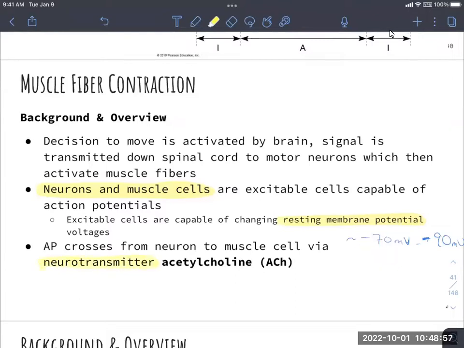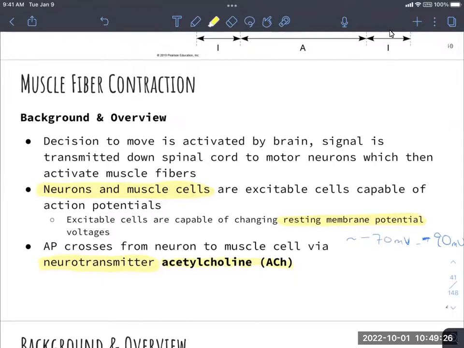These neurotransmitters will tell either the next neuron, the muscle, or the organ what to do. In muscle cells specifically, there are different neurotransmitters used for different things. But in muscle specifically, they use the neurotransmitter acetylcholine.